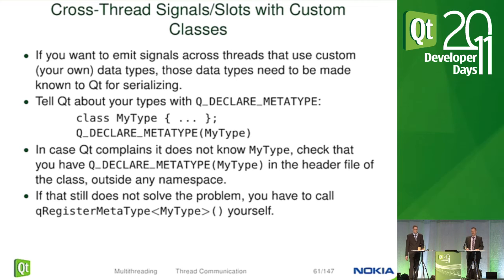So your C++ will take care of copying data whenever needed. But in the setup of signal slot, you need to help Qt marshal your data. So you need to help Qt make sure that your data can be put into a QByteArray, I guess, and be unpacked on the other side.